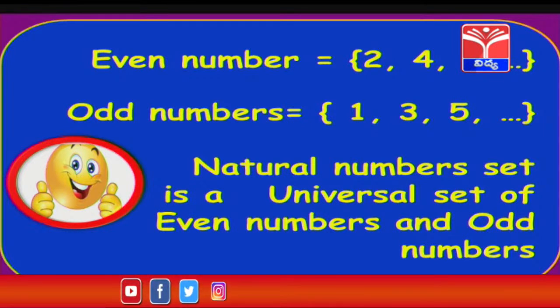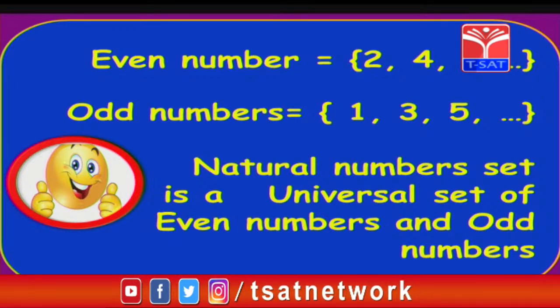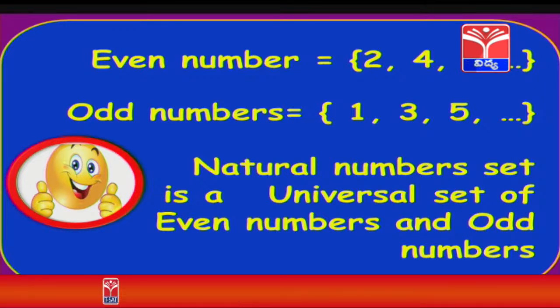Here the natural number set is the universal set of even numbers and odd numbers. Children, you can draw many sets from the natural number set, like the set of multiples of 6, multiples of 5, and so on. Okay?